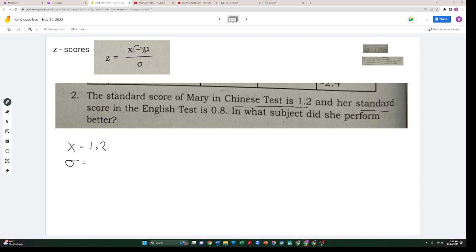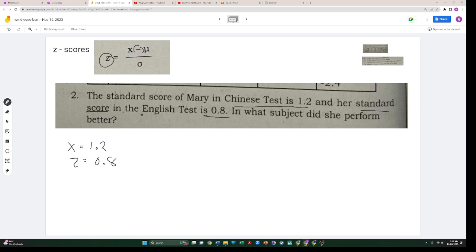From the word standard scores is z na siya. Okay? Z na siya. And standard scores is 0.8 in English test. In what subject did she perform better?